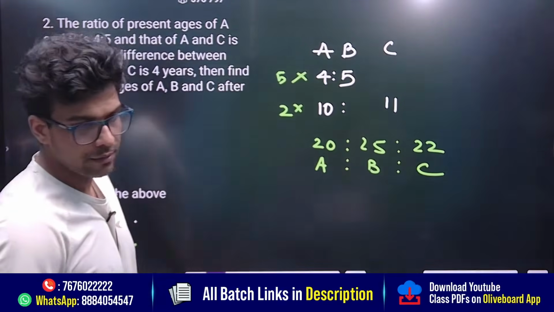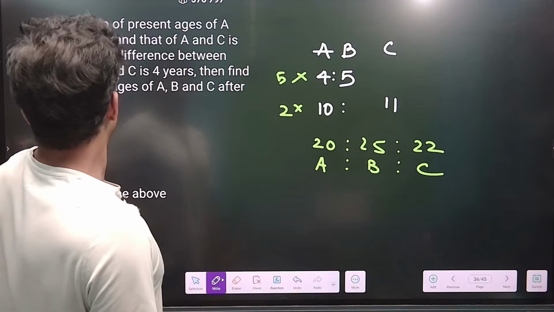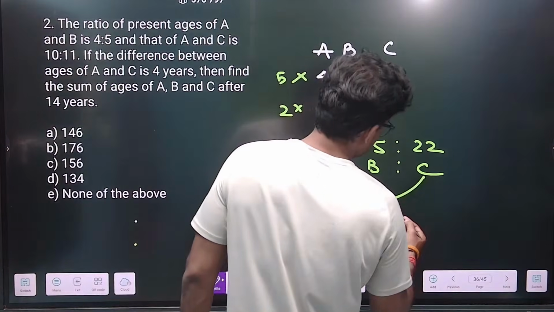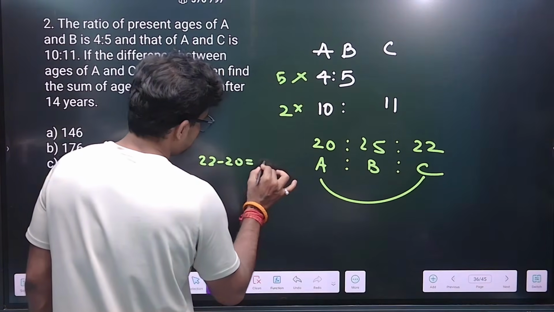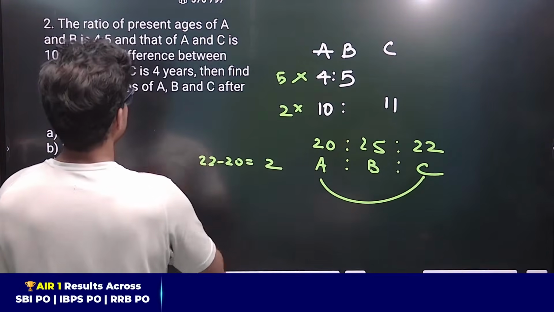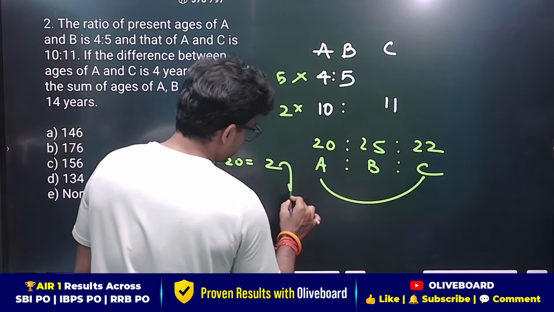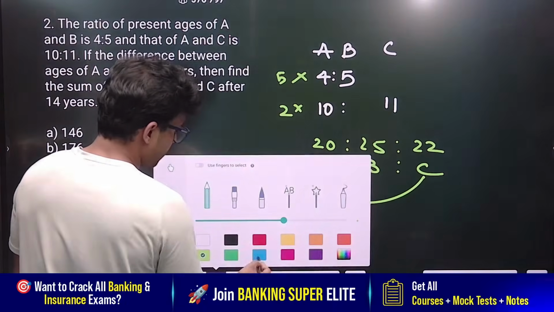Everyone, is this clear? Now what they are saying, the difference between the ages of A and C, according to me, is 22 minus 20, which is basically 2. But in the question it's given 4. If 2 is equal to 4, 1 is equal to 2.